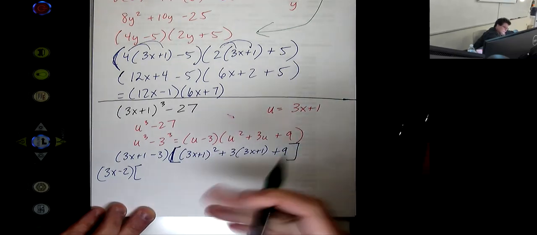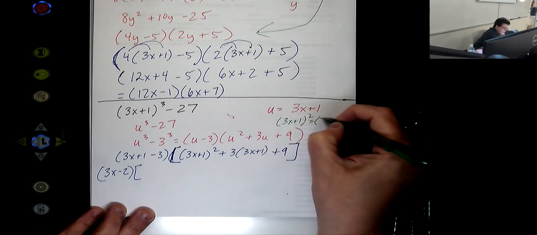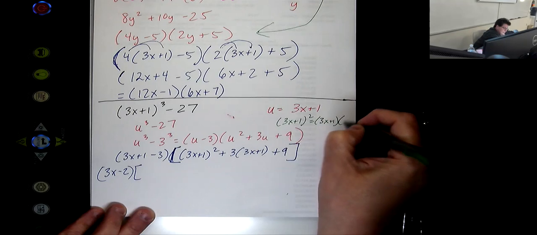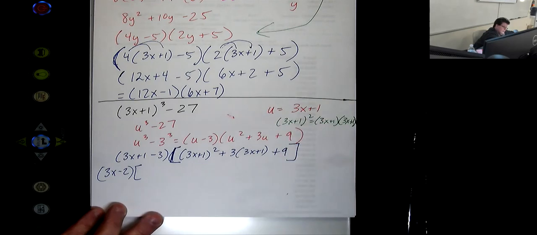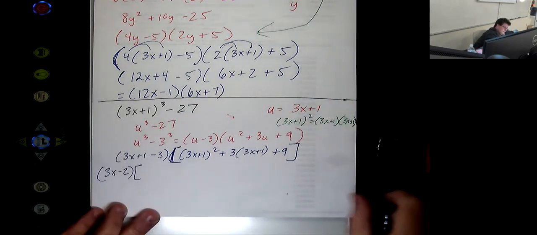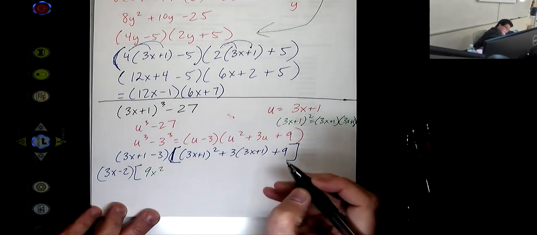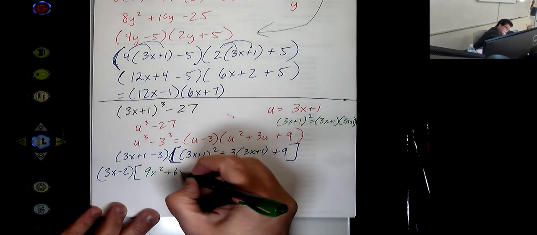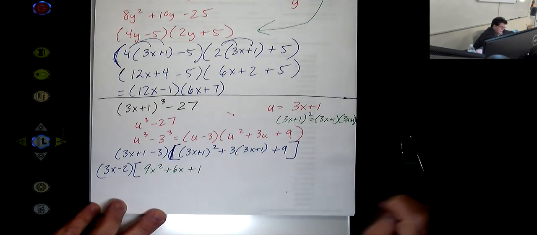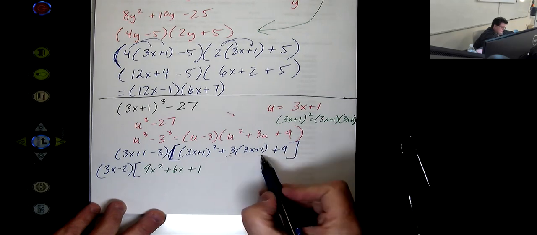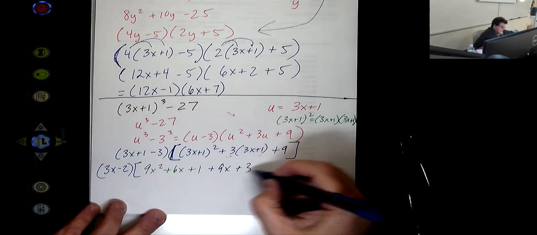This part, the 3x plus 1 squared, is 3x plus 1 times 3x plus 1. I'm going to give myself a lot of room. If you write that out, you're going to get 9x squared plus 6x plus 1. And then I'll do this set here. 3 times 3x is plus 9x. And 3 times 1 is 3.